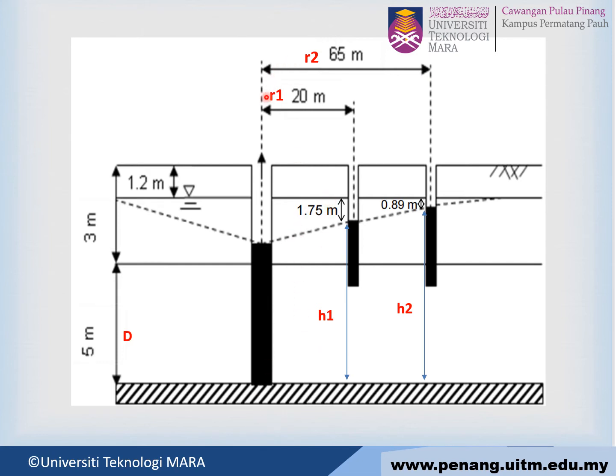The radial distance R1 is 20 meters from the pumping well to observation well 1, and radial distance R2 from the pumping well to observation well 2 is 65 meters. Then you have 3 meters thickness of clay at the top, and then the aquifer of 5 meters, and the distance from the surface to the initial groundwater table is 1.2 meters.